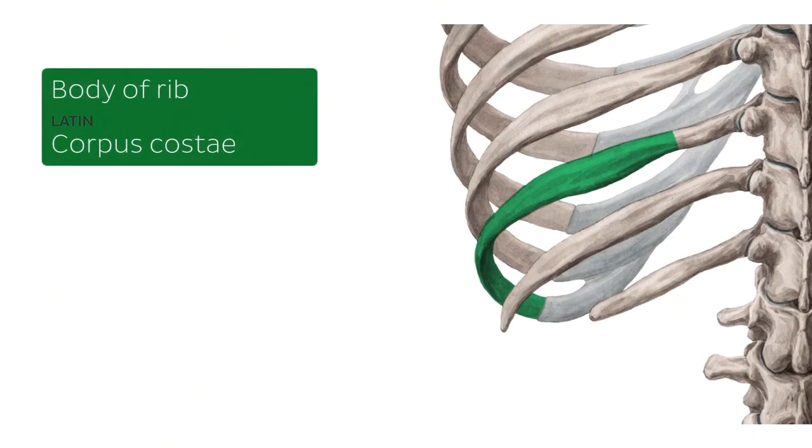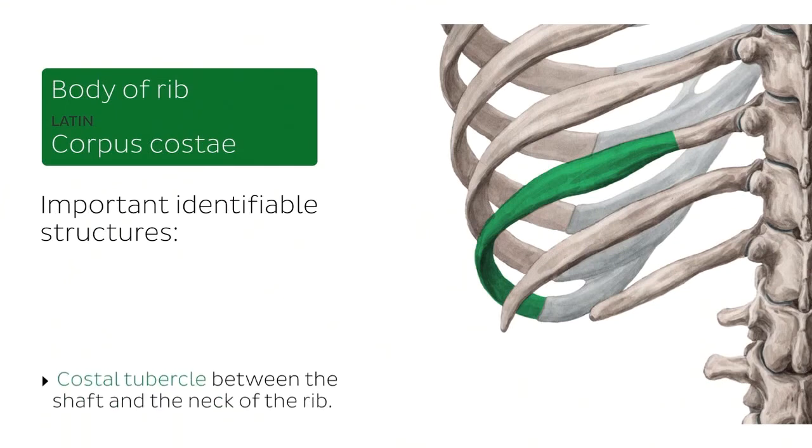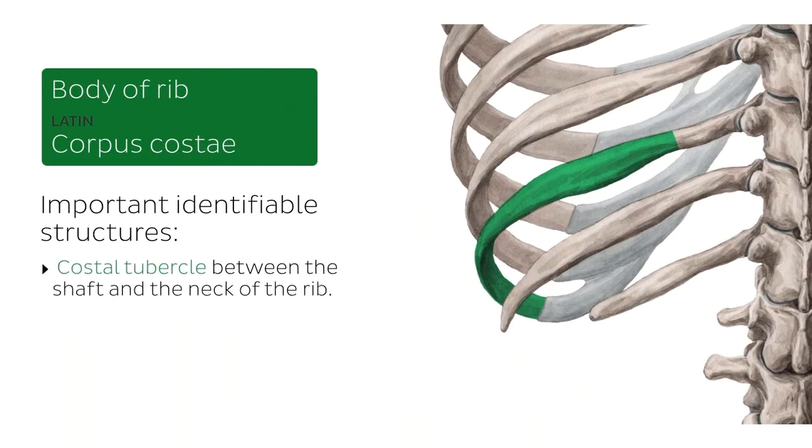So the ribs have a body, and the body of the rib is the main part of this bone and has some important identifiable structures that are worth noting here on this tutorial. Now, the first one is known as the costal tubercle, which is found between the shaft and also the neck of the rib.